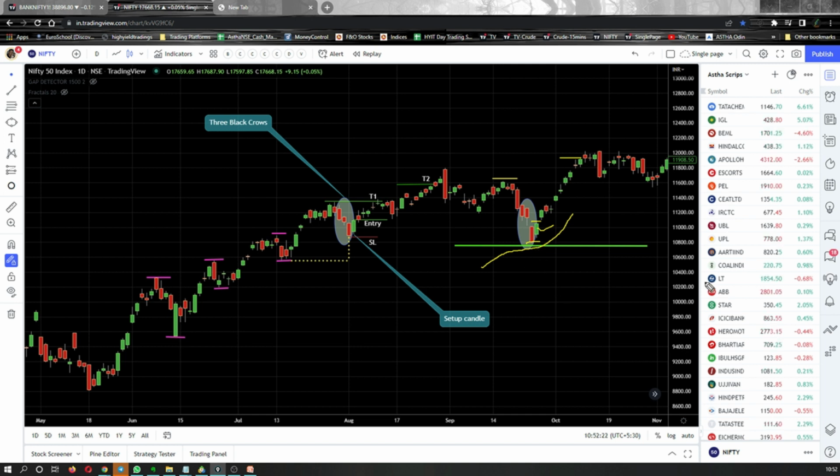So that adds an extra confirmation that the stock has more chances of going up, because price action is telling the same thing, and the technicals are also telling the same thing. So both are hinting that the stock price might go up further because this is a strong support level, right?